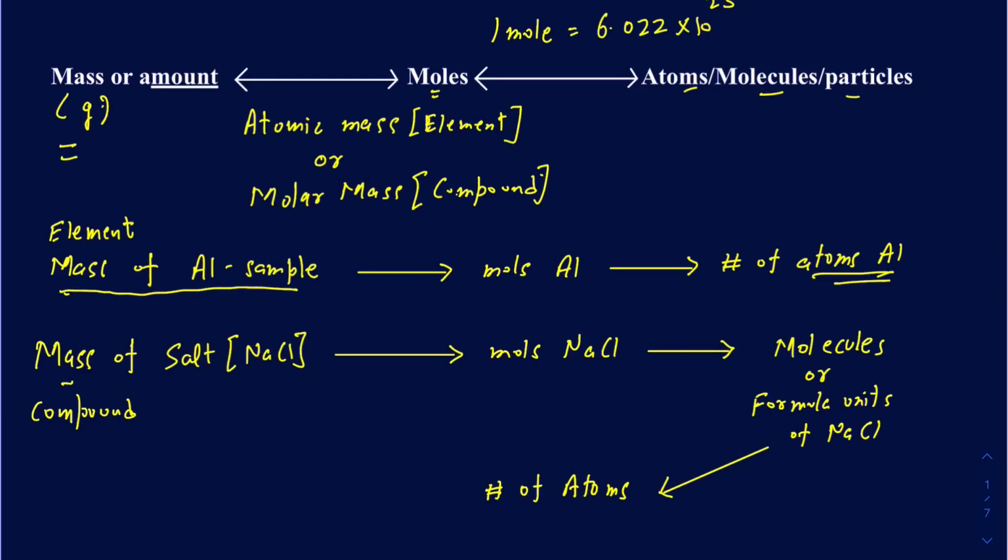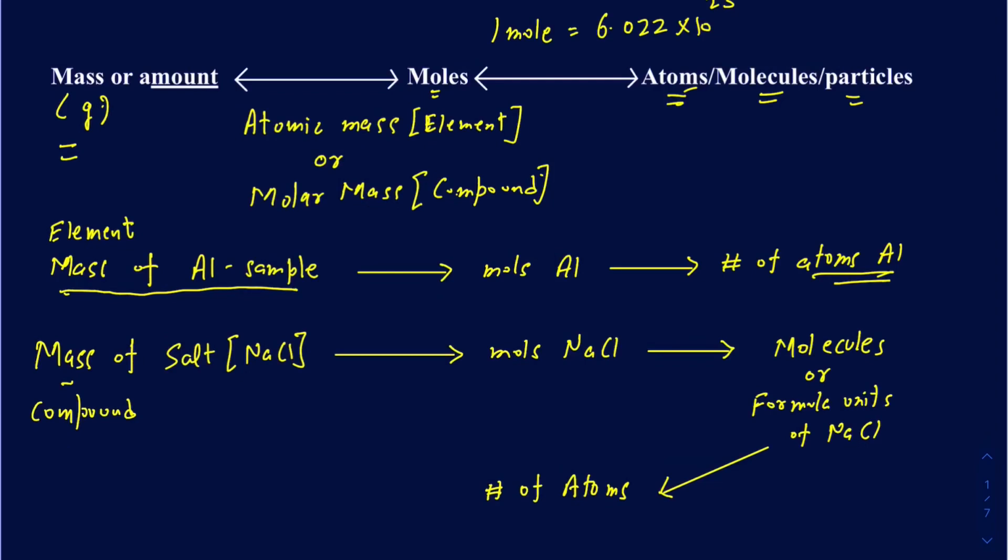That's why, when we wrote down Avogadro's number, we have everything written out here: the atoms, the molecules, the particles, and all those things. When you're coming backward, you're still using the same equalities, but their order changes. It all depends on where you're starting and where you're going.